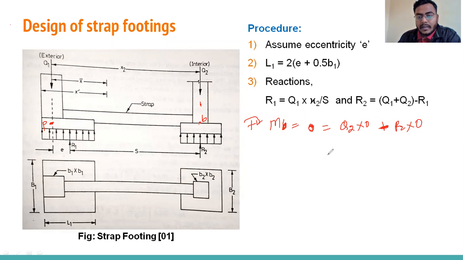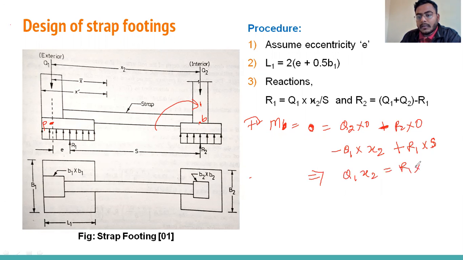Then we can write minus Q1 into the distance, that is X2, plus R1 will be the anti-clockwise moment at point B, so we can write R1 into S. So from here we can write Q1 X2 is equal to R1 into S, so R1 is equal to Q1 X2 by S. So the same thing I have written here.